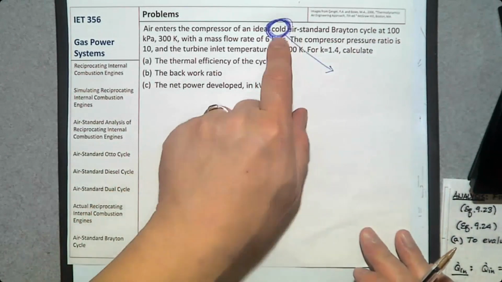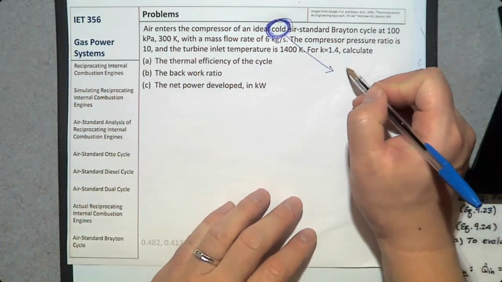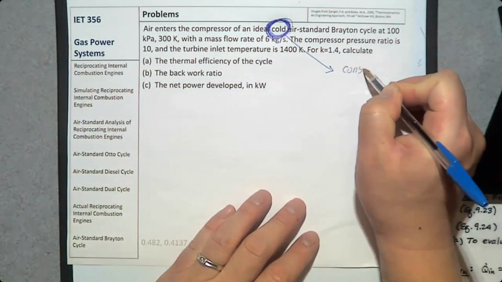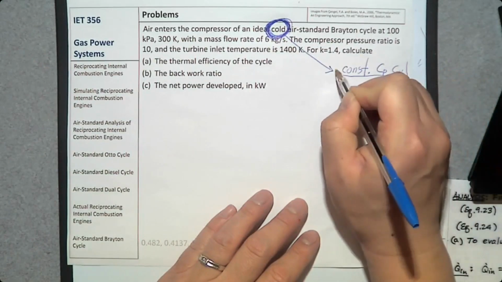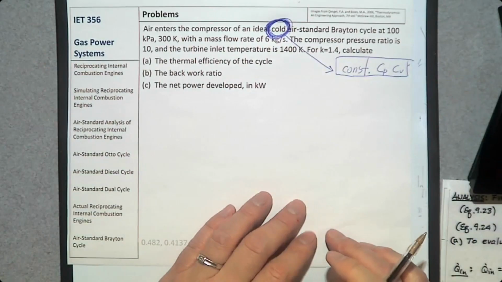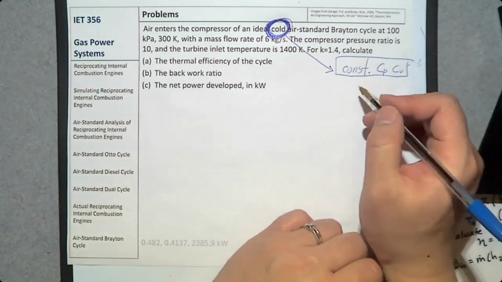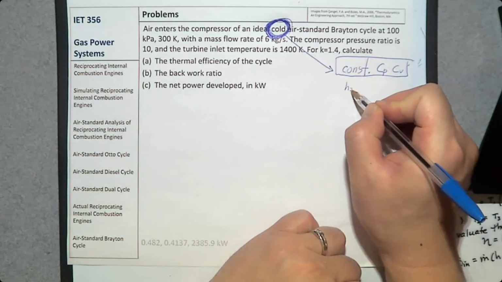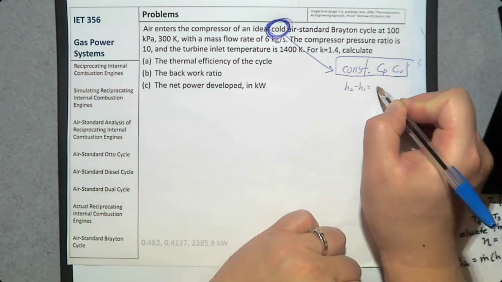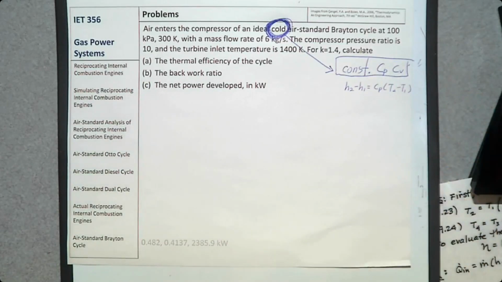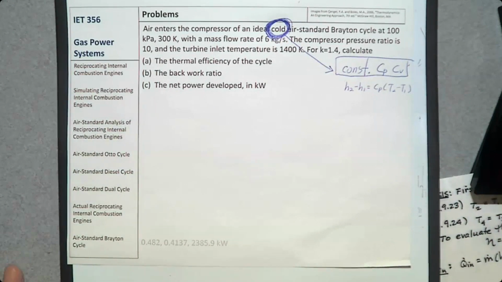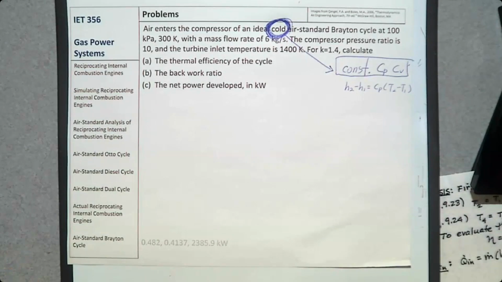But if it is a cold analysis, we are going to assume constant specific heat, so you don't have to use table A-22 anymore. If you want to determine, let's say, h2 minus h1, it's going to be Cp (T2 minus T1). Isn't it nice?